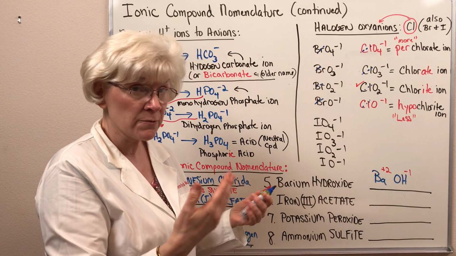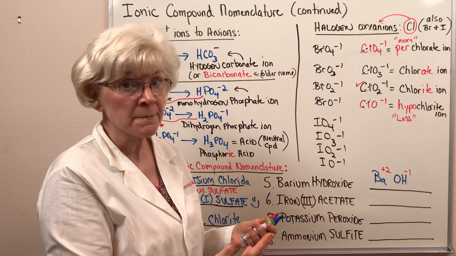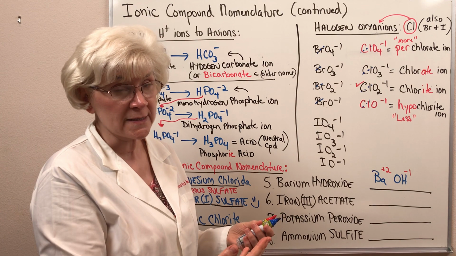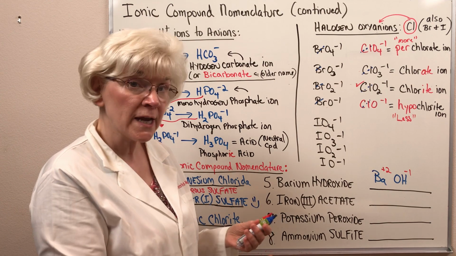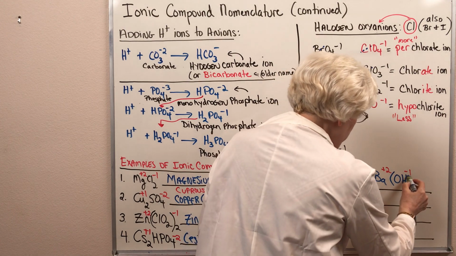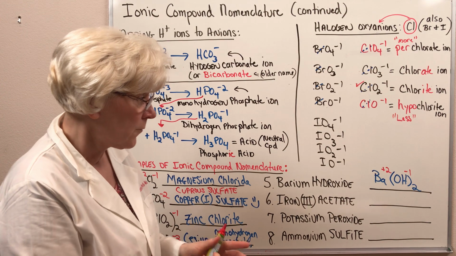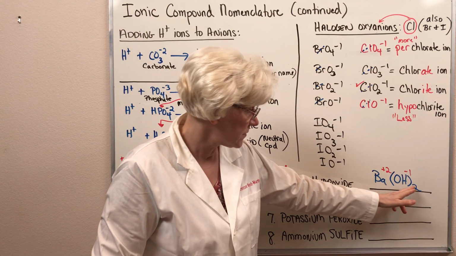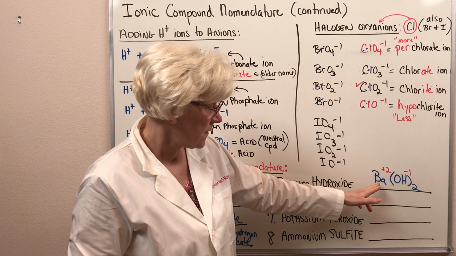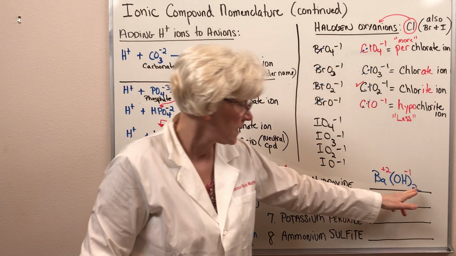This is a good time to remind ourselves that all ionic compound formulas are empirical formulas, simplest whole number ratios. So when we look at the compound barium hydroxide, it's a huge array where we have a ratio of 2 hydroxide ions for every 1 barium ion present in the compound.